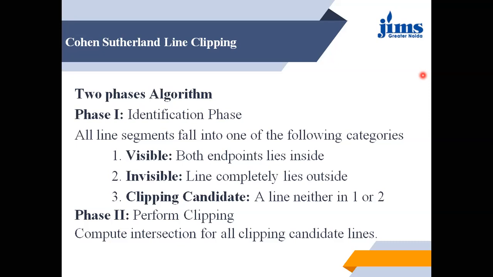So our first phase is to identify what we have to do with the line, that is, we have to keep the line as it is or we have to clip the line. And in phase 2, if we have to perform the clipping, meaning that it is a clipping candidate, in that case we will see how we can perform the clipping.